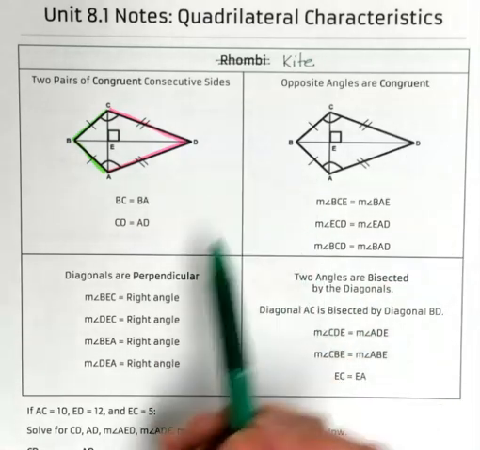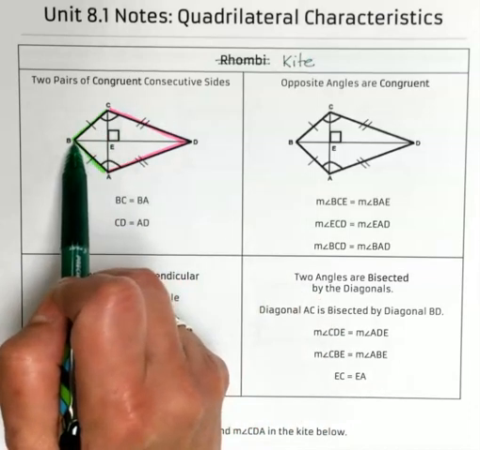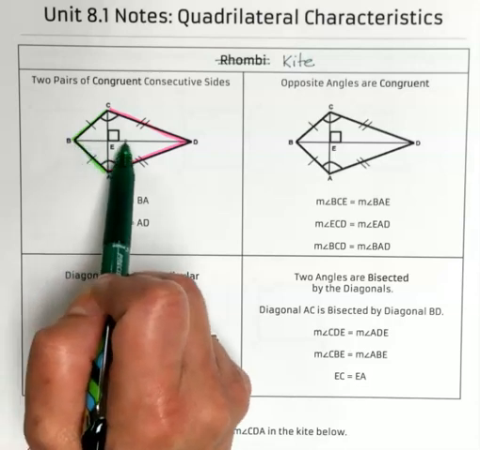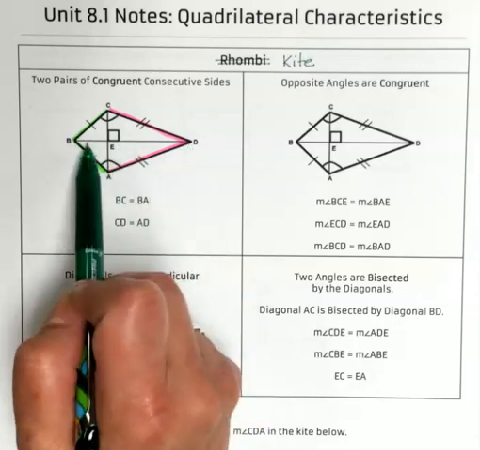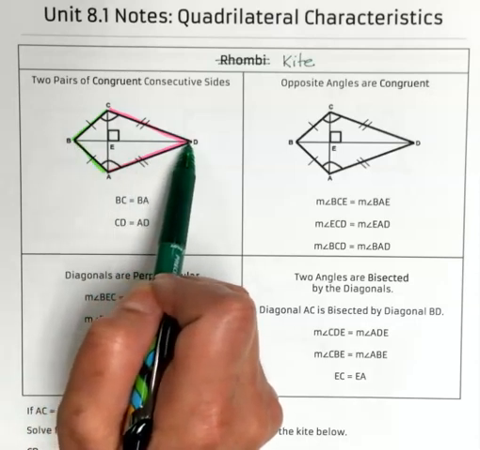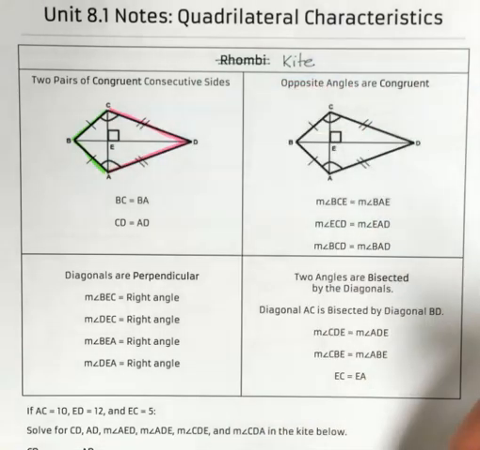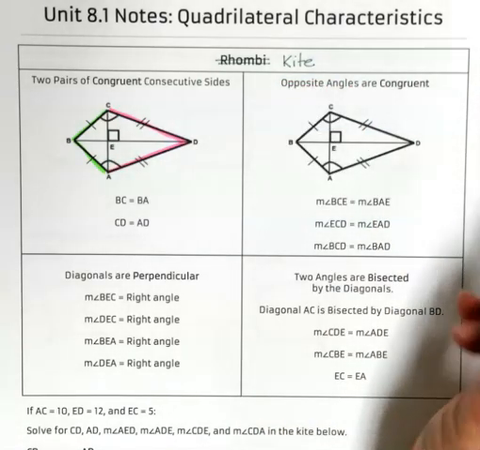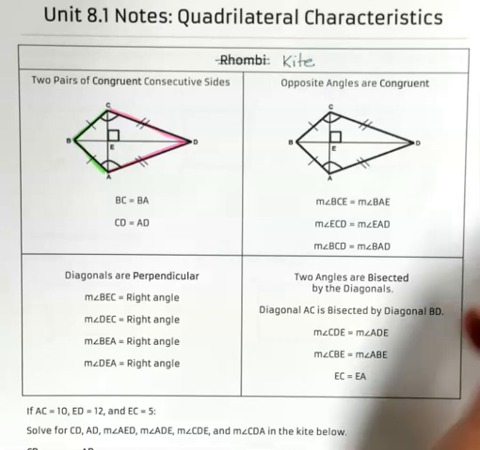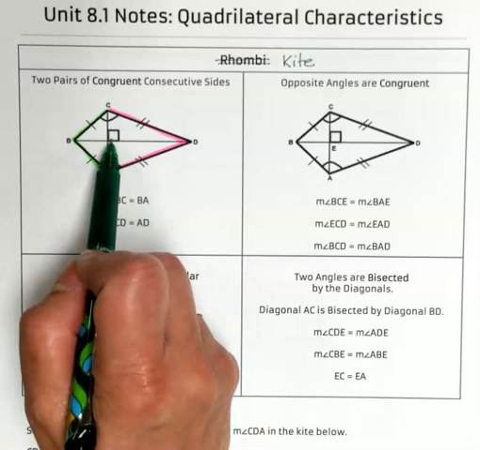All right? Now, a diagonal is simply a line segment drawn from one vertex to a non-consecutive vertex. Okay, so it's drawn from angle B to angle D. That's one diagonal. And the other diagonal is from angle C to angle A. And what you find with a kite, your diagonals are perpendicular, hence the box here.